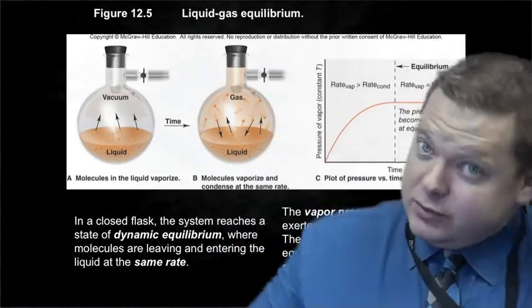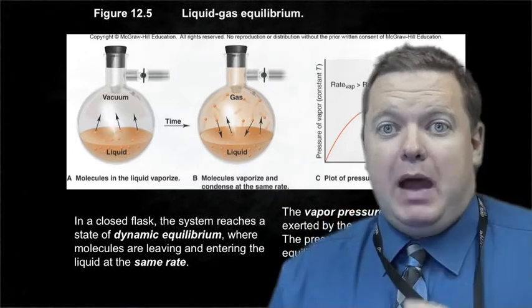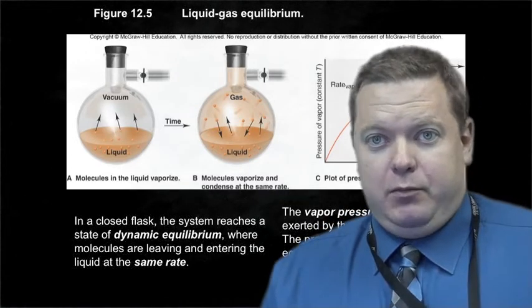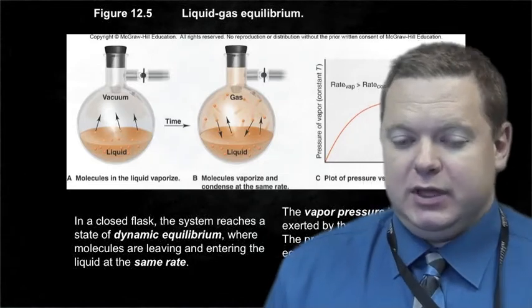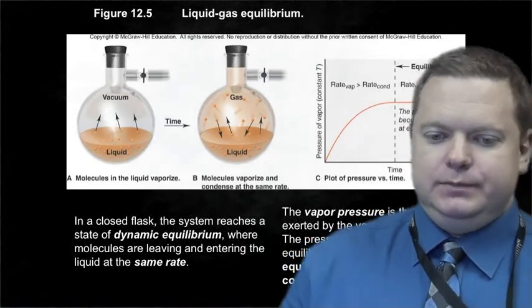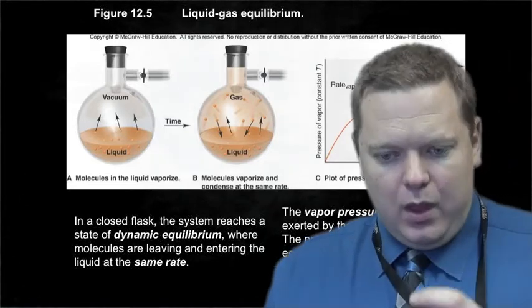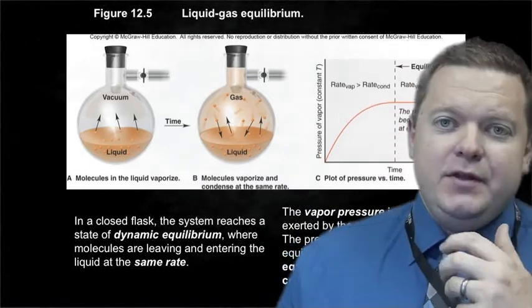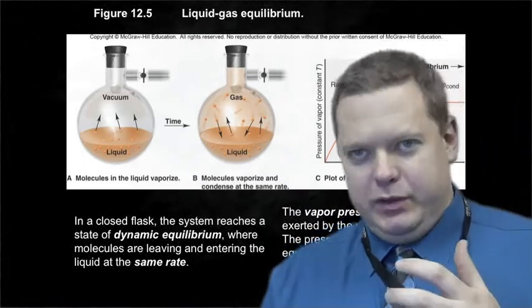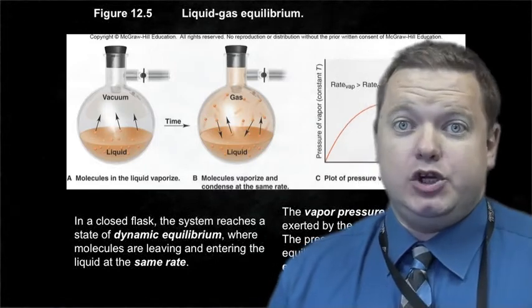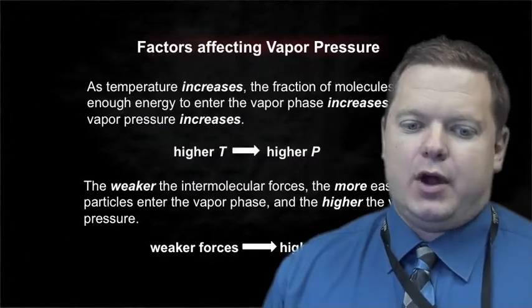Right? So the vapor pressure gives us an idea of the amount of gas or solution that's actually able to leave or break out of this bulk solution. And this is going to be a function of the relationship between kinetic energy and the intermolecular interactions.